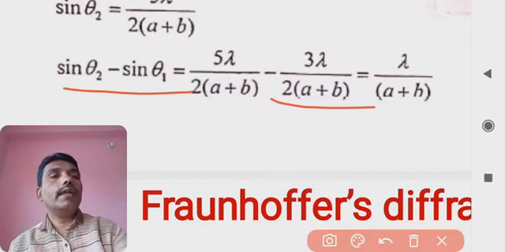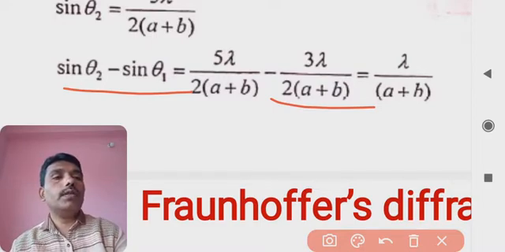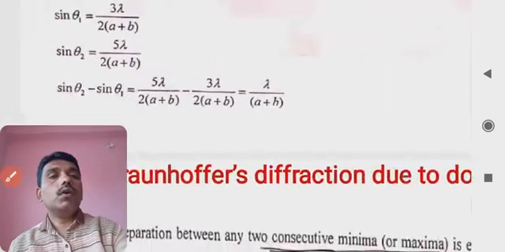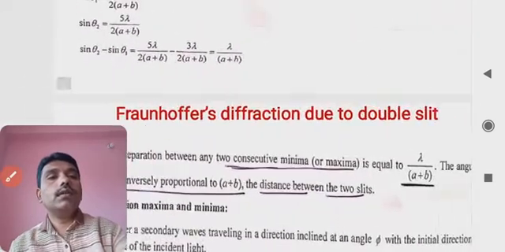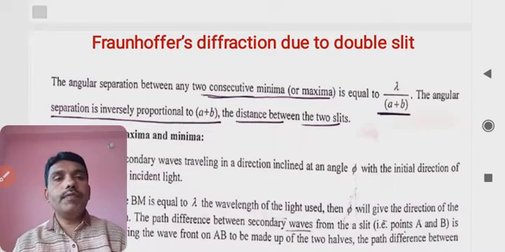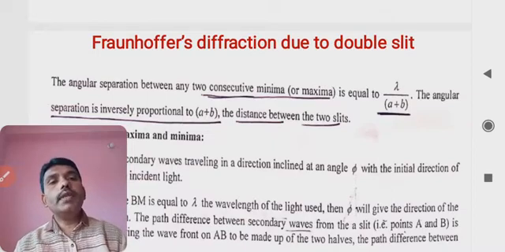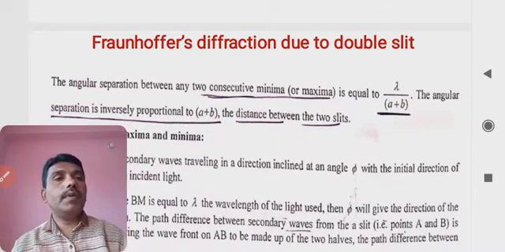So 2 gets cancelled and we have lambda upon a plus b. That is the case where the angular separation between any two consecutive minima is lambda upon a plus b.